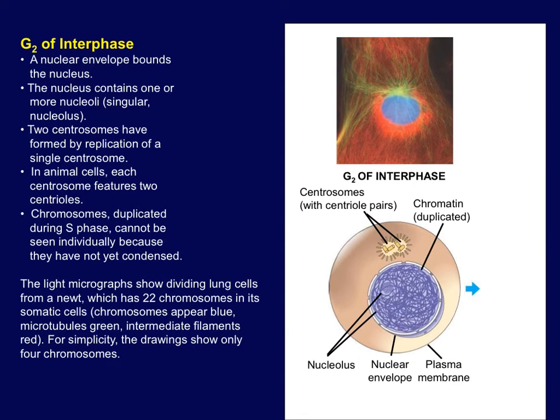Two centrosomes have formed by replication of a single centrosome in animal cells, each with two centrioles. Chromosomes duplicated, the light micrograph showing a dividing lung cell.